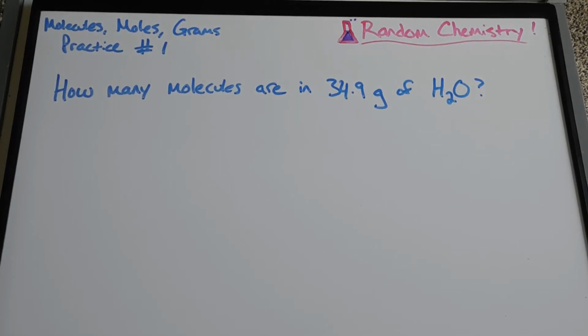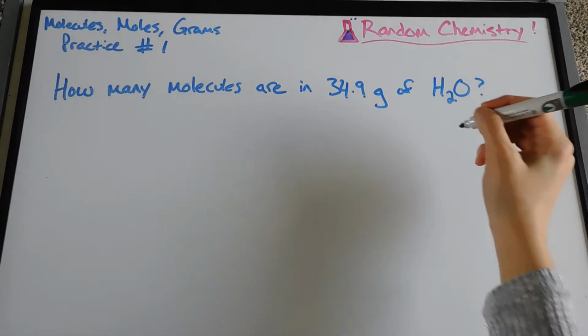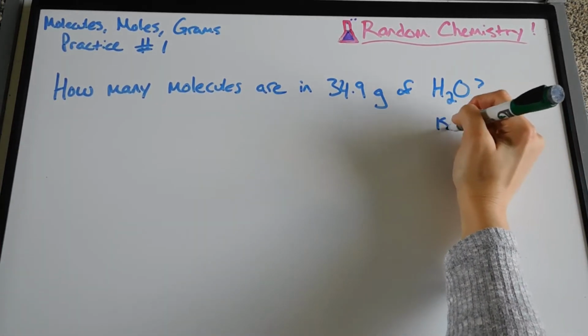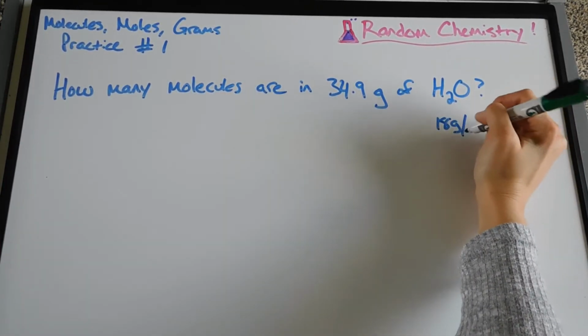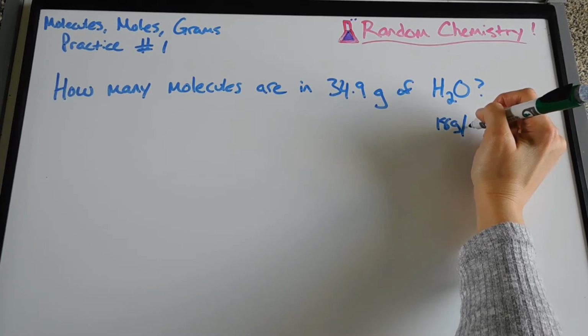do that. Before we can go to molecules from grams, we need to find the molar mass of H2O. And you can do that by looking at the periodic table. If you're not familiar with that, I got a video on molar mass too. So the molar mass of H2O is 18 grams per mole.